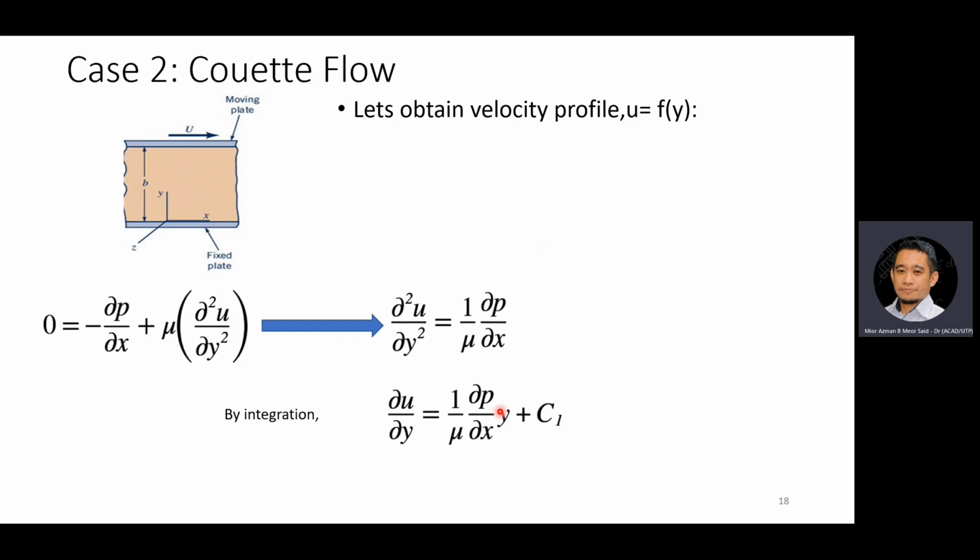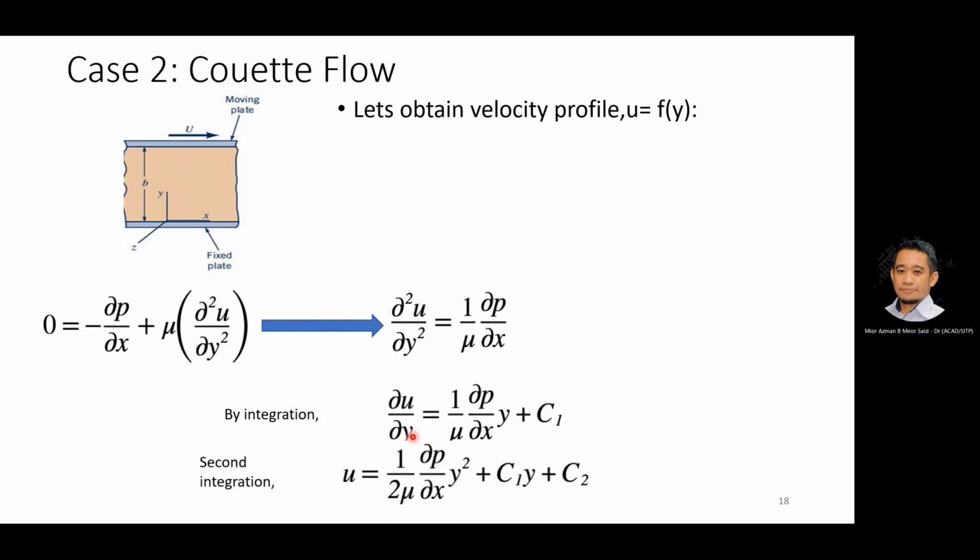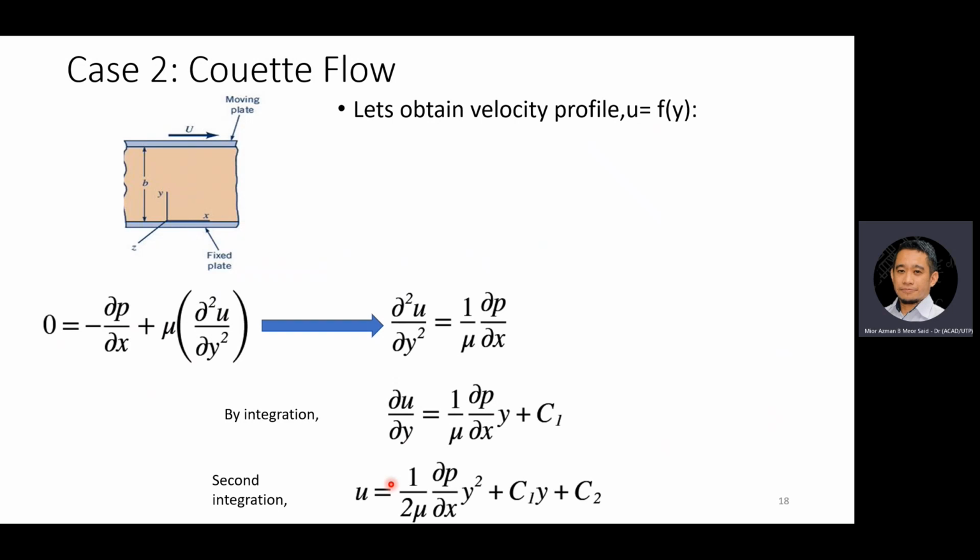You can see the methodology is the same as case 1, two parallel fixed plates. Then by second integration, you have the expression u equal to 1/(2 viscosity) times partial p over partial x times y squared plus c1 y plus c2.